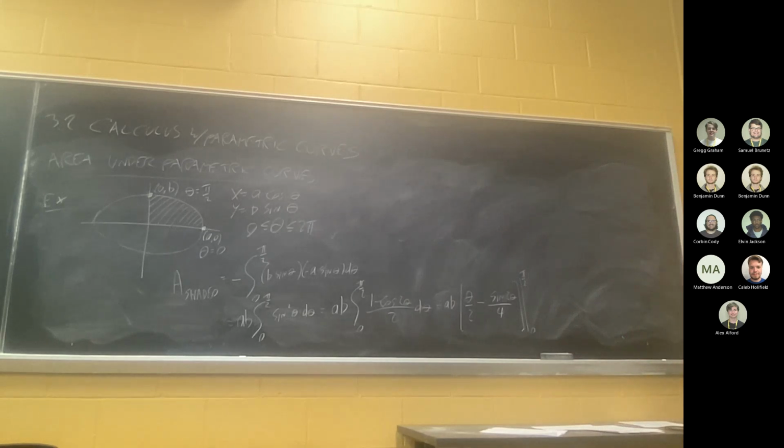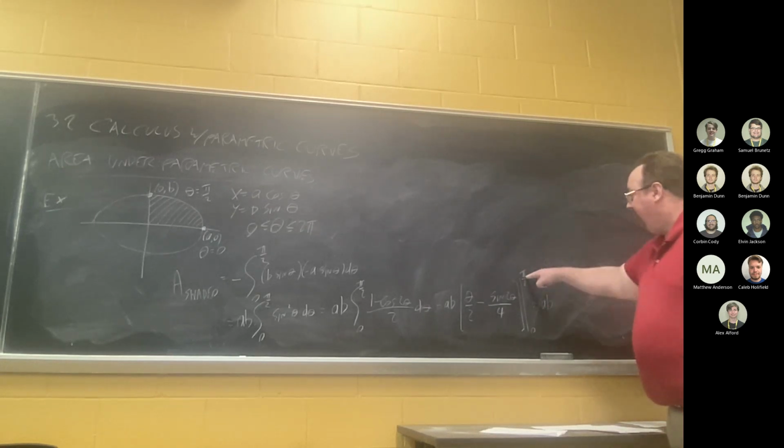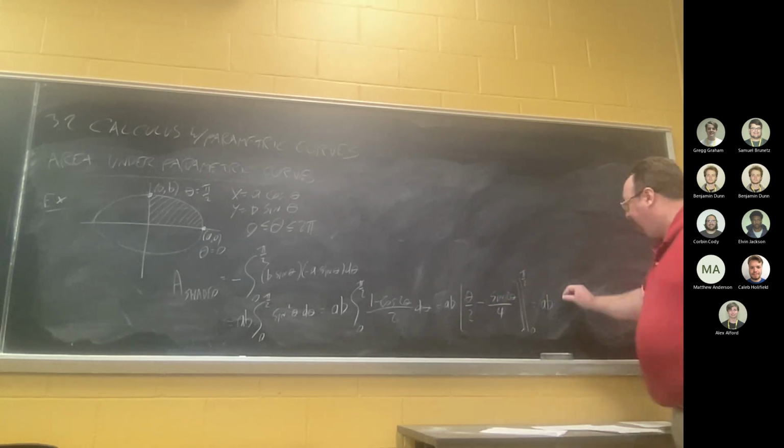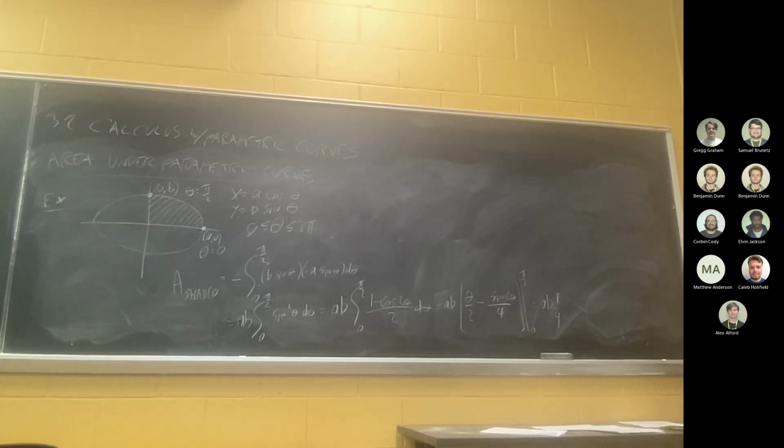But when you plug those limits into the sine part, you're going to get 0 no matter what. This is not going to contribute anything. So you end up with ab times this theta value over 2, so pi over 4. And that's the area of just the shaded region.